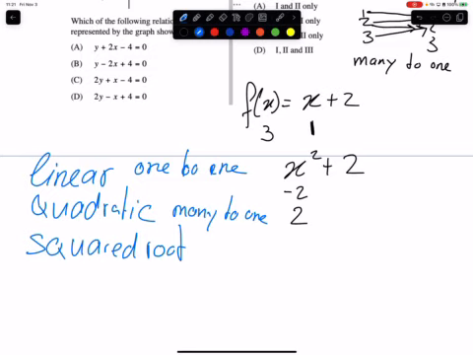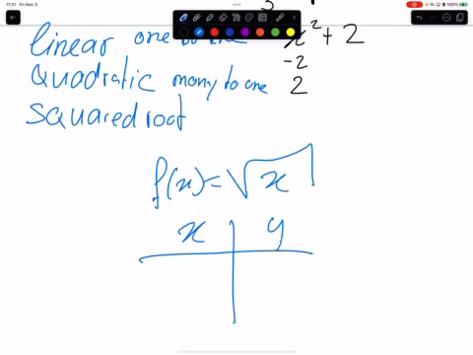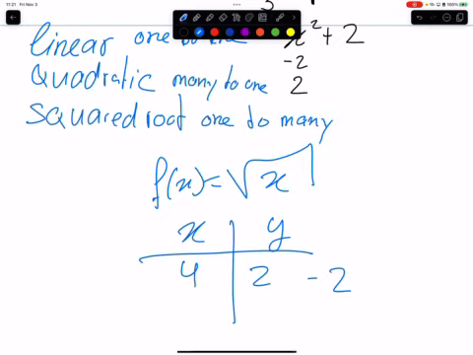If my function is x squared, I have x and I have y. Square root of 2 is 2 or negative 2. This is 1 to many. The square root is 1 to many, because if I have 9, it's either 3 or negative 3.